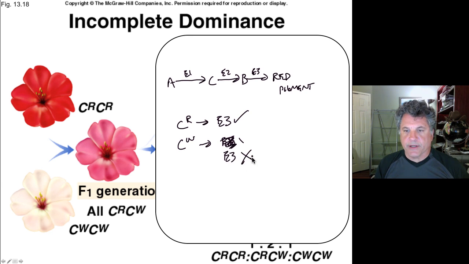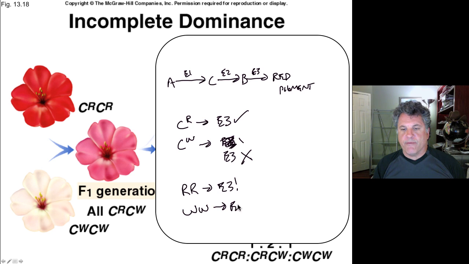So then what we have is, in the case of the red allele, we have plenty of enzyme 3, and this biochemical pathway produces red pigment. But if we are homozygous for the white allele, we have no functional enzyme 3, and therefore this biochemical pathway is blocked and no red pigment is produced. So here we have a red flower and here we have a white flower.